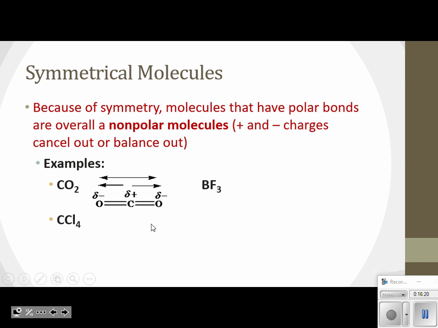But due to the symmetry, both oxygens are pulling on the carbon the same amount, so nobody's winning the total tug of war. Okay? We talked about the carbon tetrachloride in the last one. Look at how the boron trifluoride bonds. Okay? Once again, the fluorines are all winning the tug of war.